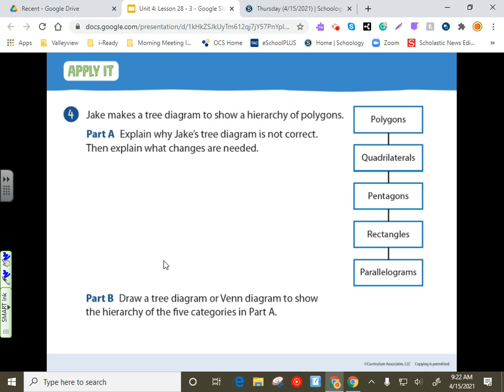His next subcategory is quadrilaterals, which means 4 sides. And then he has pentagons, rectangles, and parallelograms. Now right here, this is where his tree diagram stops working, because pentagons are 5-sided figures and quadrilaterals are 4-sided. So again, you have to be really careful with your tree diagrams and ranking them. Make sure that there's that smooth connection between each step.